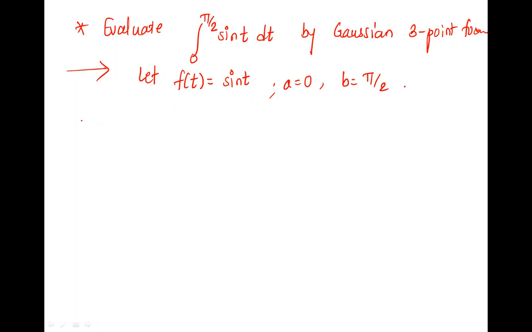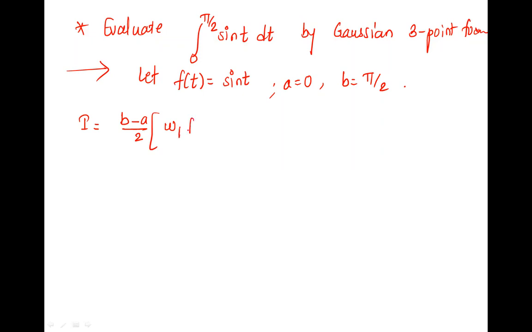And therefore, the formula, Gauss quadrature 3-point formula, can you tell me? b minus a by 2 into, tell me now. Sin t.